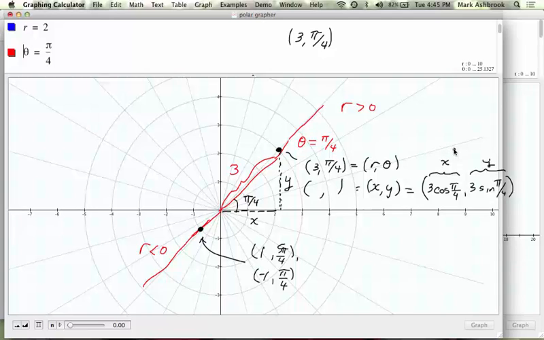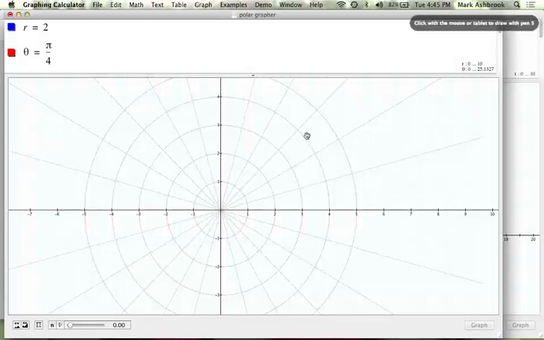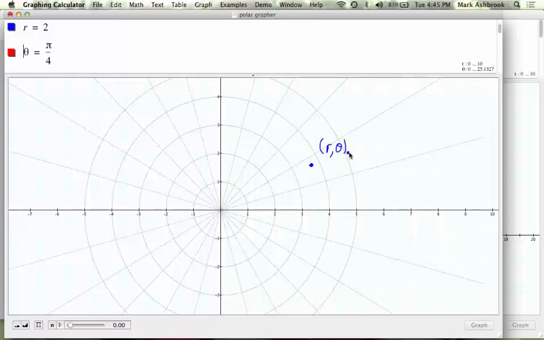Okay, so let's just generically pick a point here with coordinates r, theta. What are the rectangular coordinates? Everyone should be able to write that down.